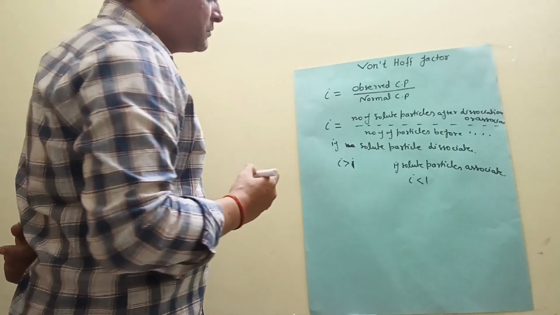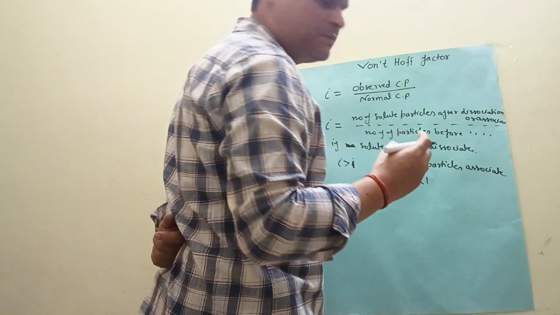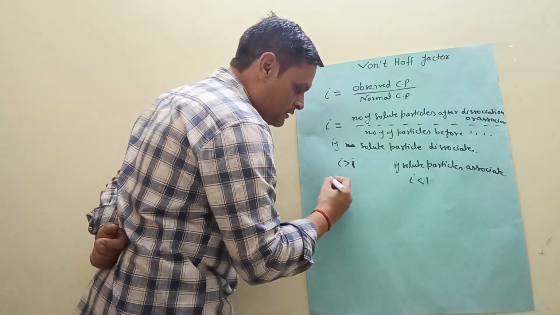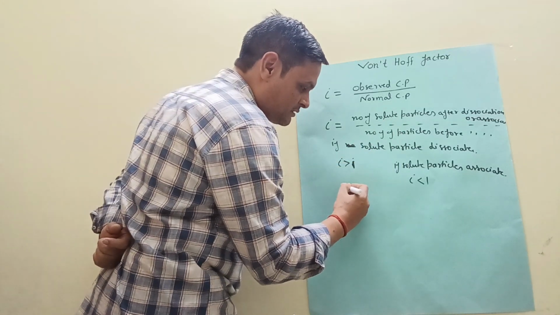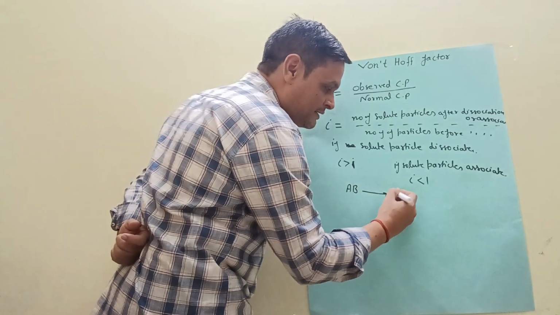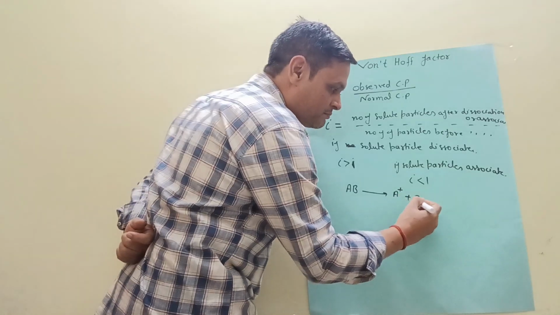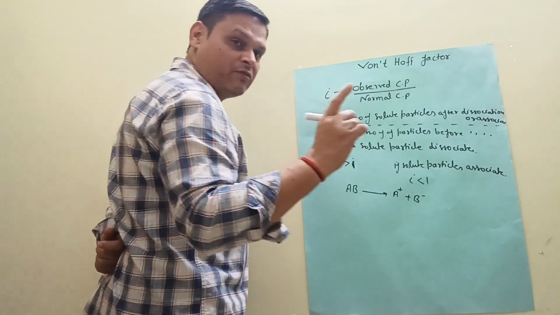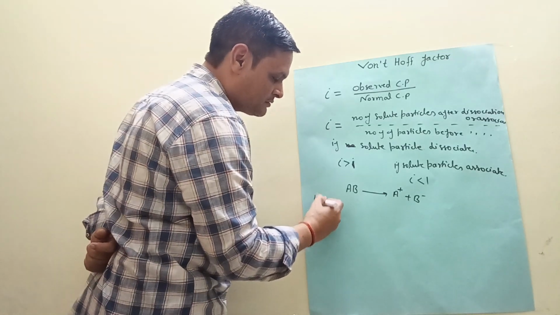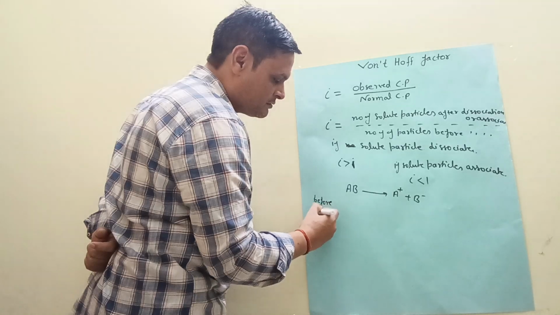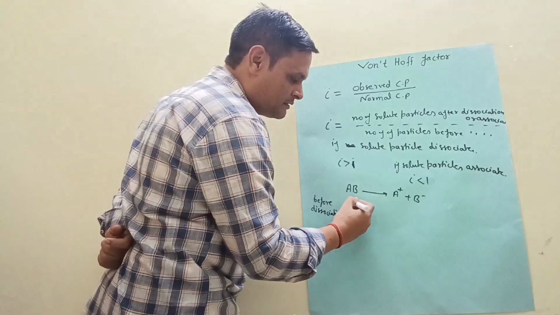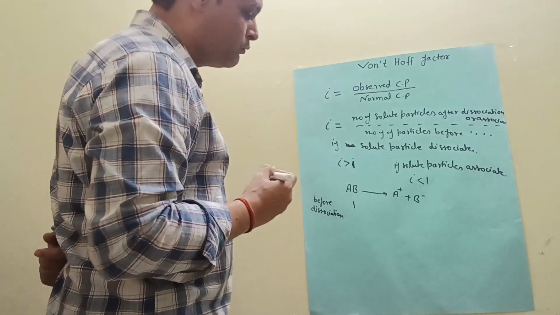So how do we calculate the value of i? We can understand by giving one example. Suppose that a substance, a salt AB, dissociates into A plus and B minus. Before dissociation, assume that you have taken one mole.